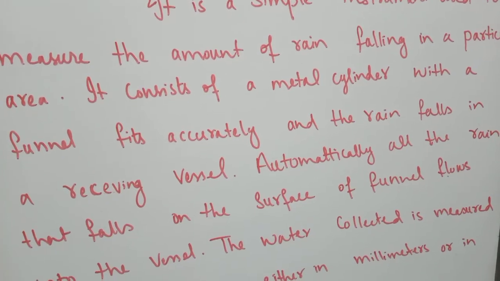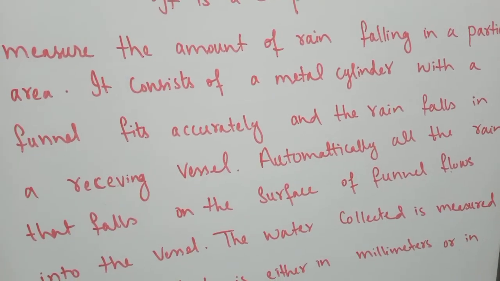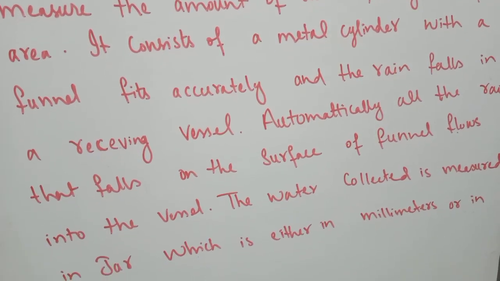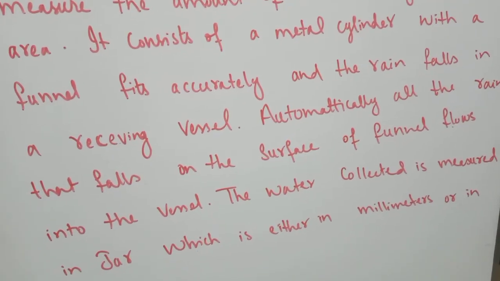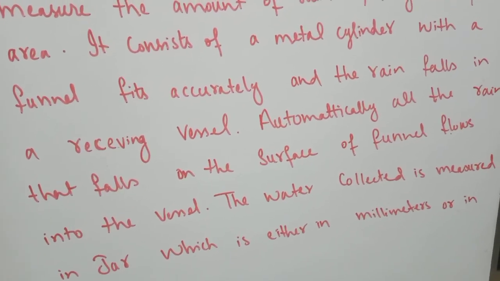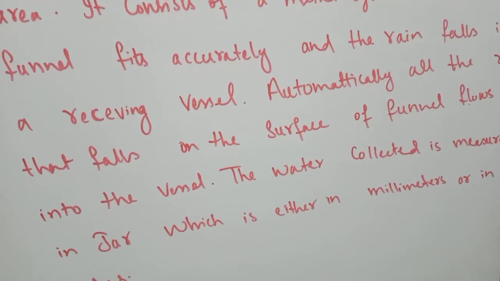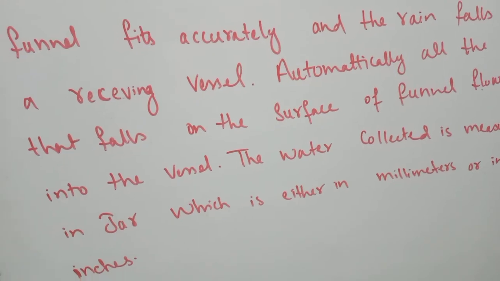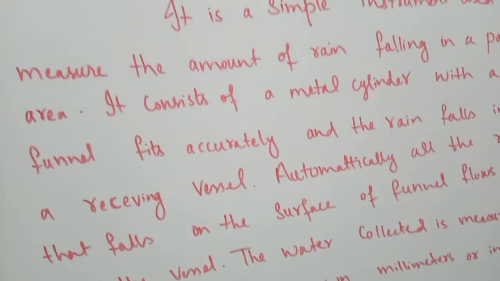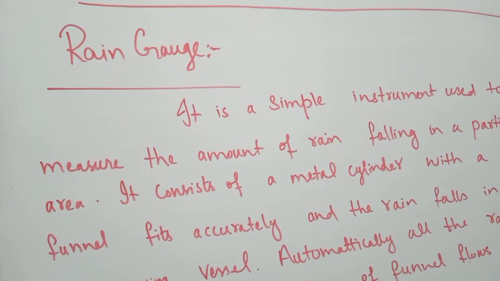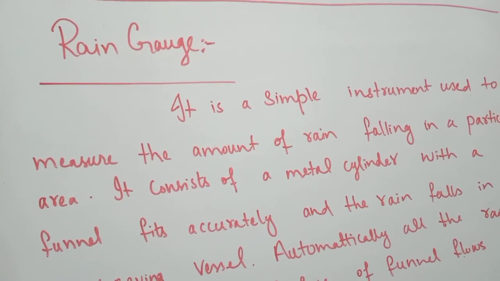All the rainfall that falls on the surface of the funnel flows into the vessel, and after reaching the vessel or jar, the amount of rainfall is not only collected but can easily be calculated in units like millimeters or inches. So this is how the rain gauge, a weather instrument, measures the amount of collected rainfall.